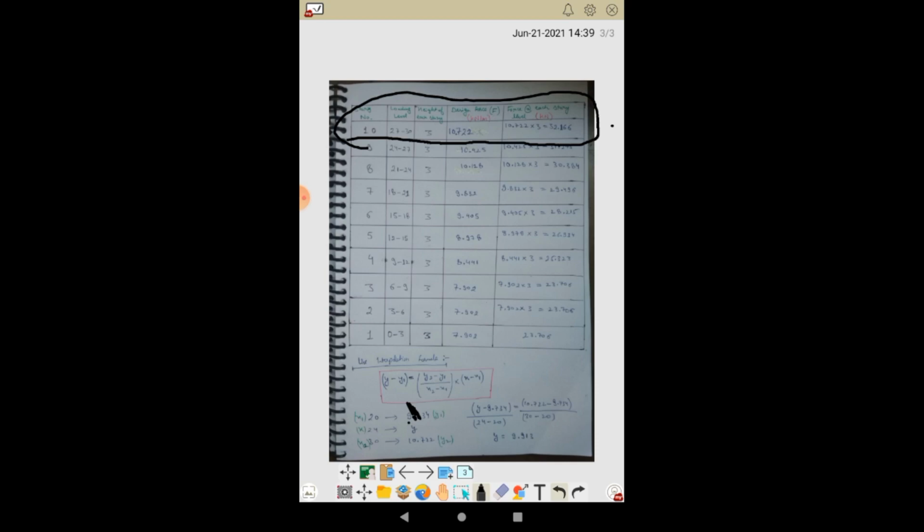That is how we would be able to find the total force at each story which our structure is going to experience. So it means at the 10th level, 10th story, our total force is 32.166.